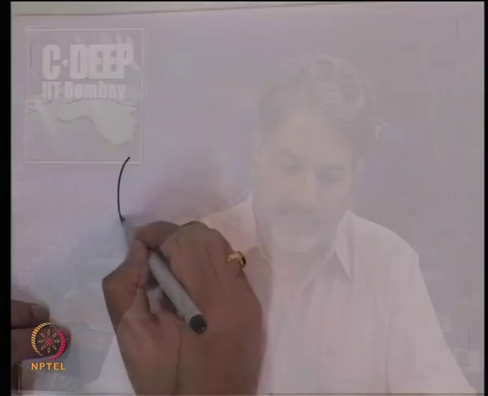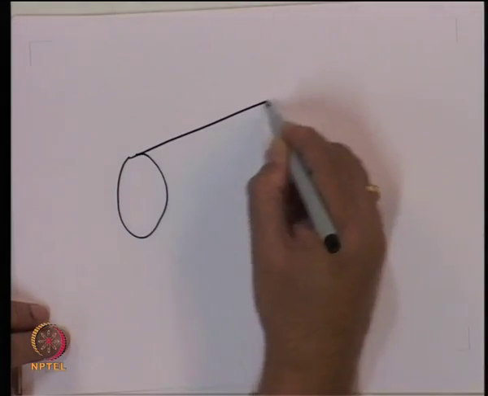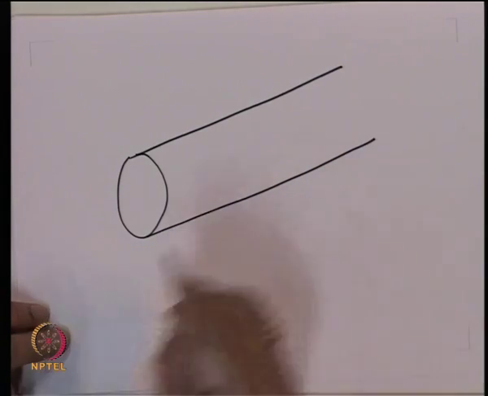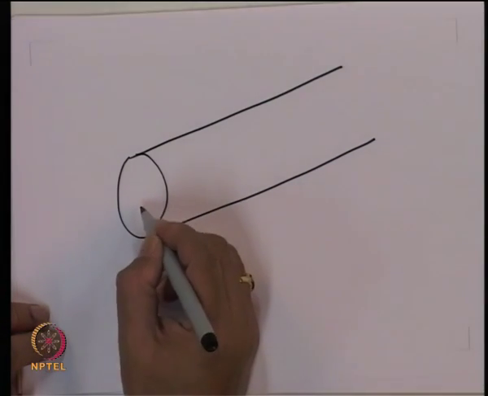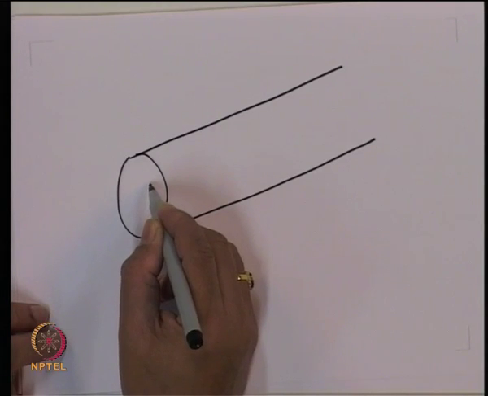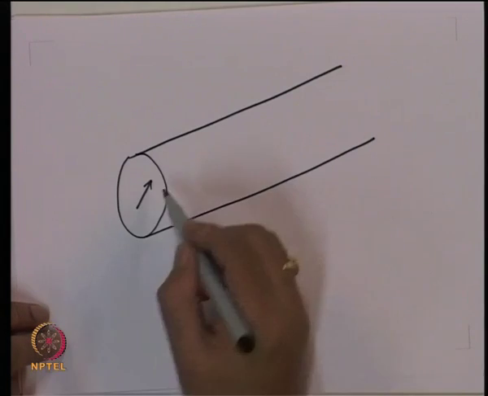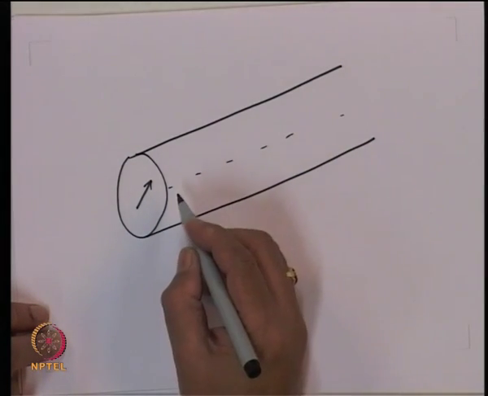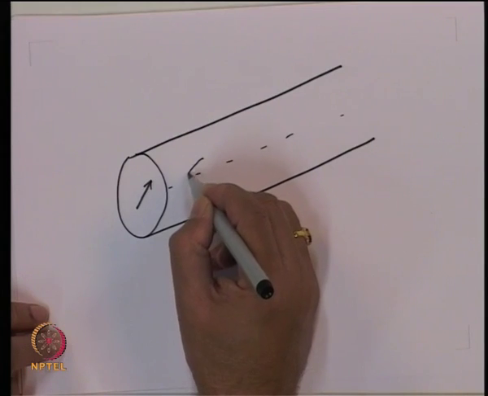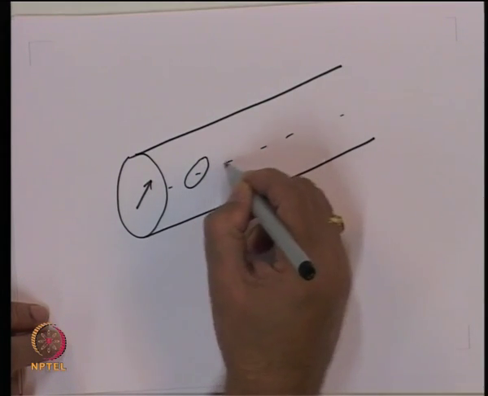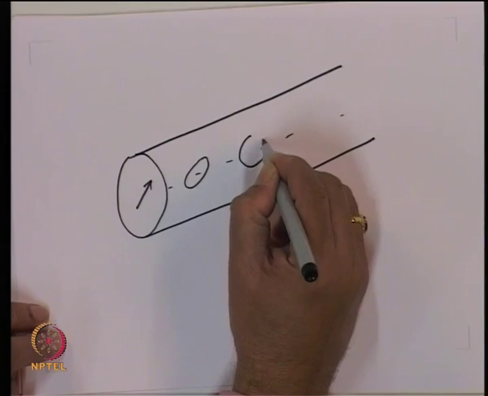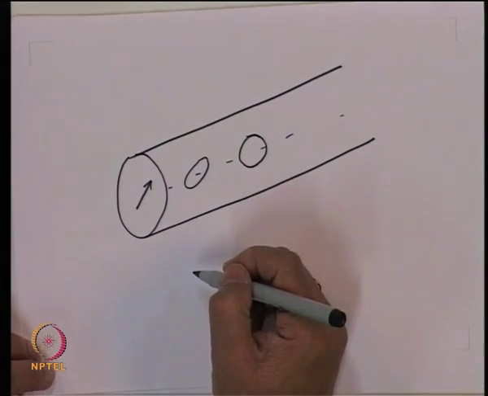So, now what we see is that when the light propagates in an optical fiber in the single mode, let us say this is the fiber, light is propagating in this. Here the polarization was linear when it was launched, let us say it was something like this. As it propagated along the length, slowly it becomes elliptical, then after a certain distance it becomes circular, because the phase difference has become 90 degrees.